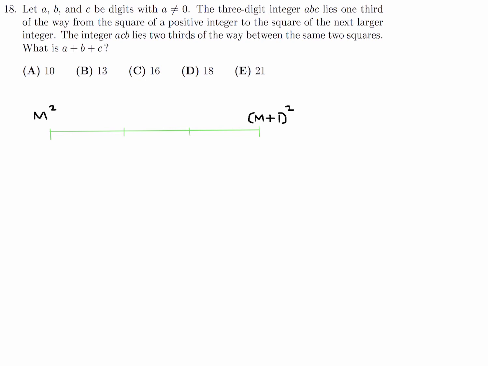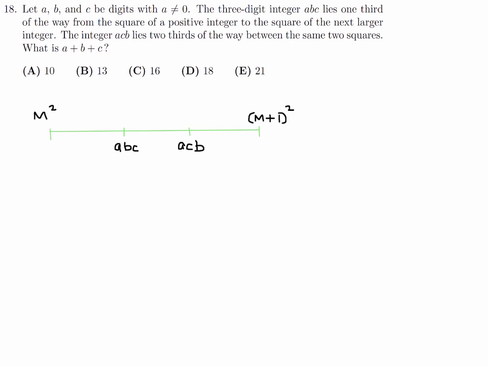And then 1/3 of the way, right here, you've got some number of the form ABC. And 2/3 of the way, right there, they've got another integer, of the form ACB. And they want you to figure out A plus B plus C.